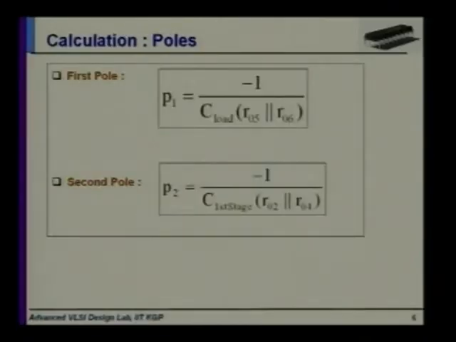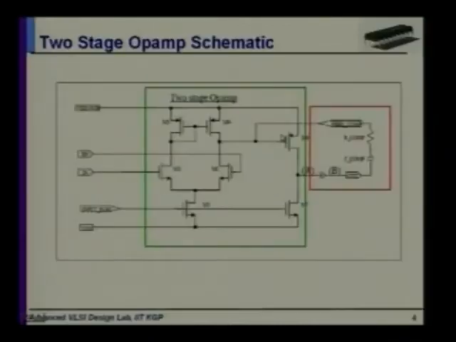This is the expression of the pole, the first stage capacitance along with the two output impedances. For the second pole, if we add a load at the output, the load capacitance associated with the output impedance of M6 and M7 in parallel gives another pole. So these are the two major poles that arise in the frequency response of the op amp.